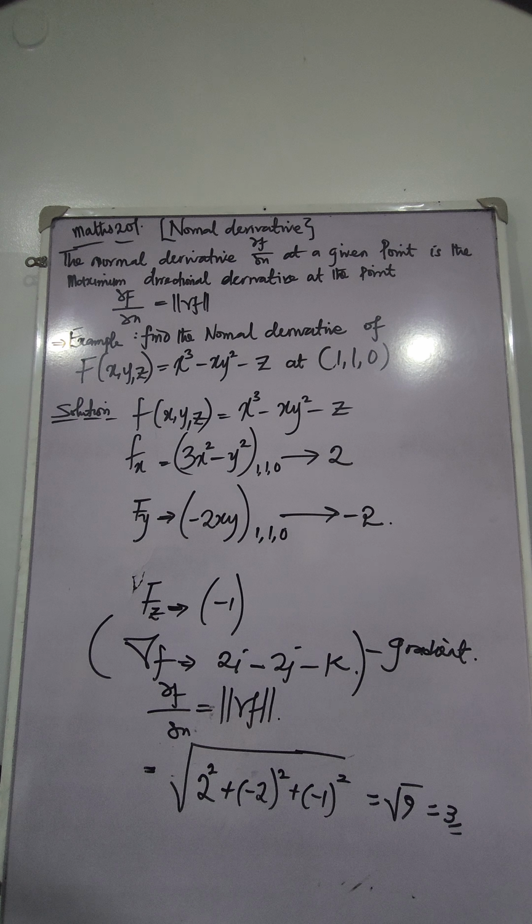So we can simply say that f_x at (x naught, y naught) times (x minus x naught) plus f_y at (x naught, y naught) times (y minus y naught) equals 0. So that's for tangent surfaces.